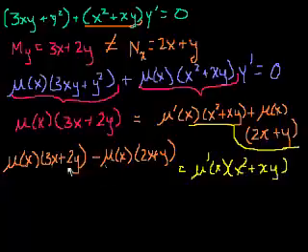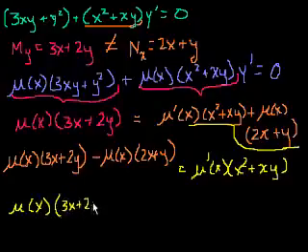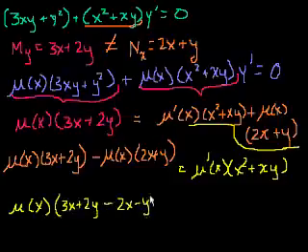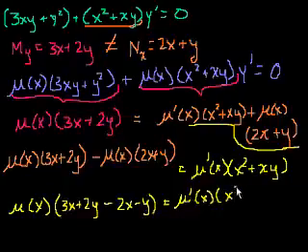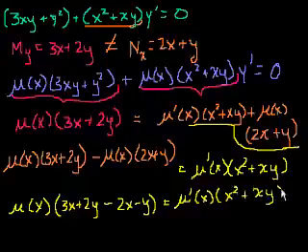And let's see, if we factor out a mu of x here, we get mu of x times 3x plus 2y minus 2x minus y is equal to mu prime of x, the derivative of mu with respect to x, times x squared plus xy.